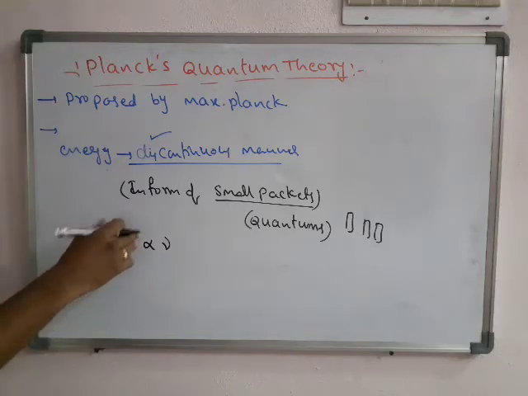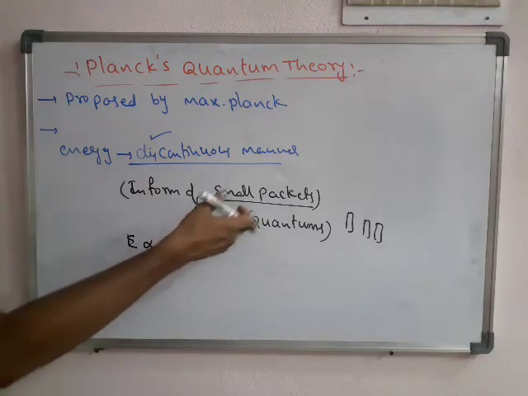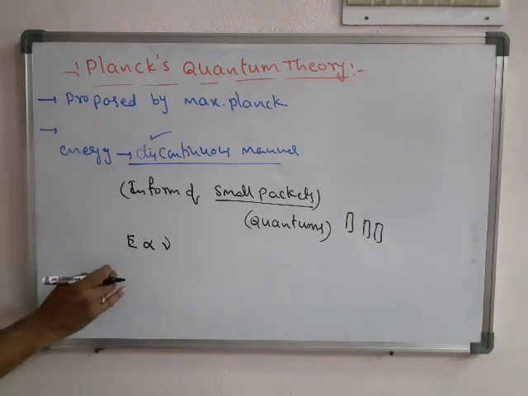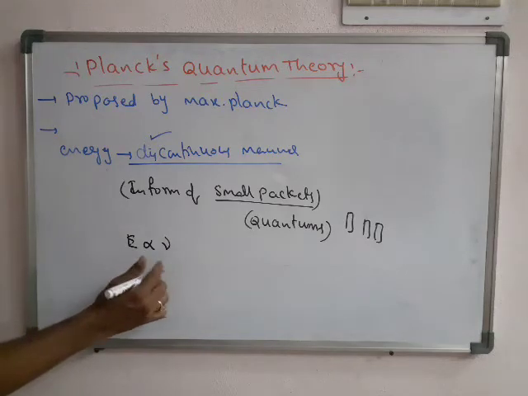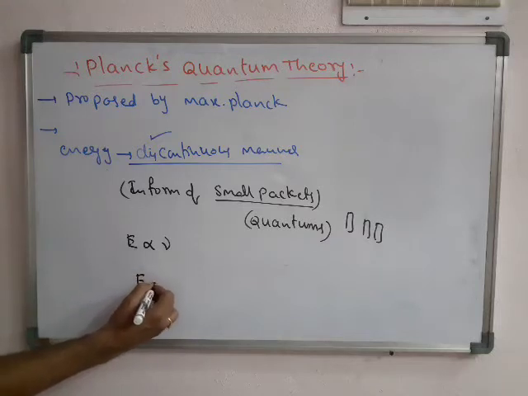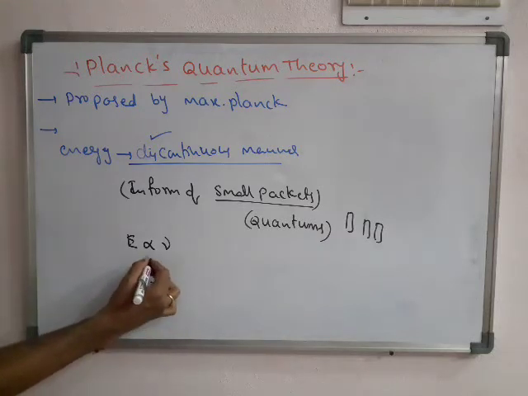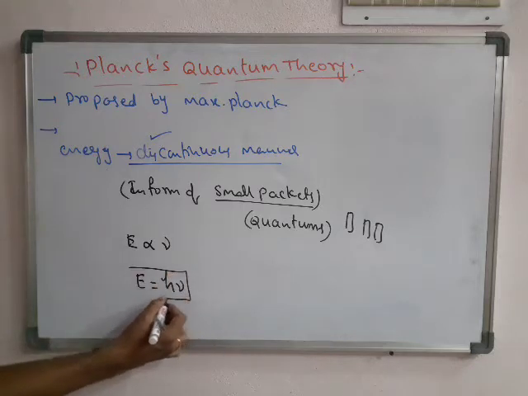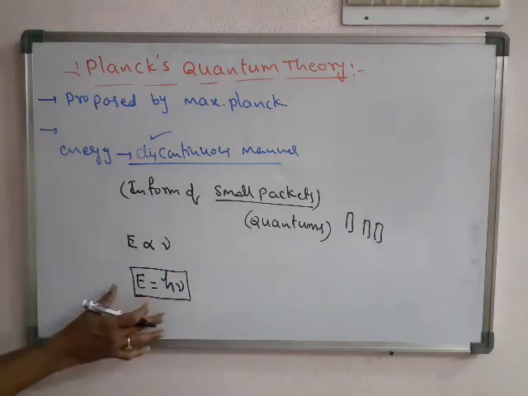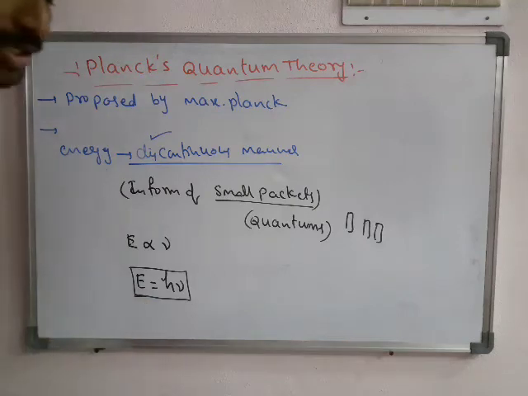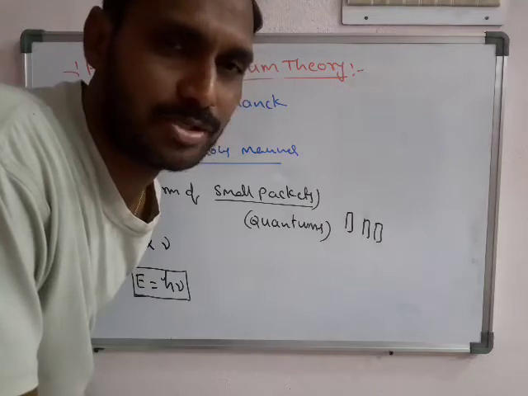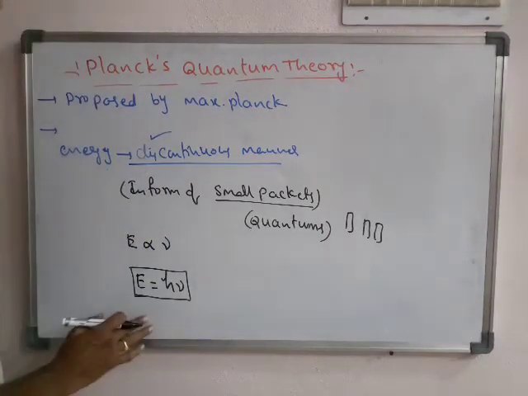The energy of the radiations emitted is directly proportional to their frequency. By removing the proportionality we can put a constant, so E is equal to h nu. This is one of the highly used equations in atomic structure.